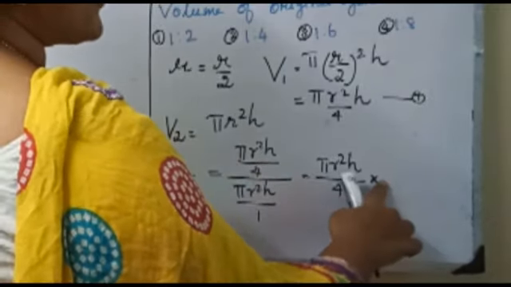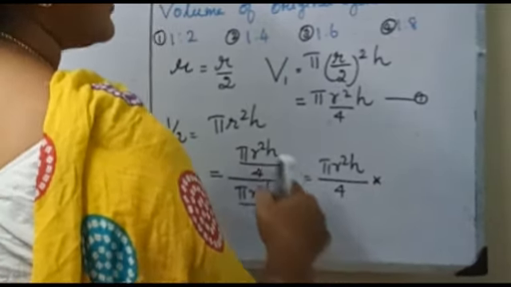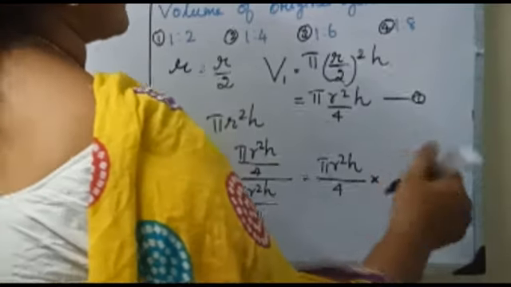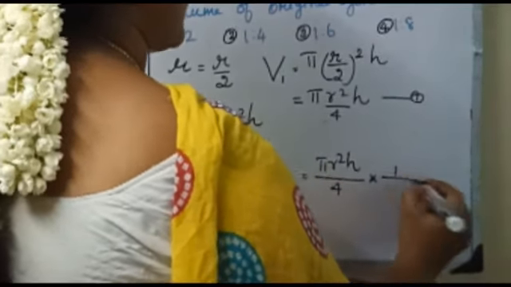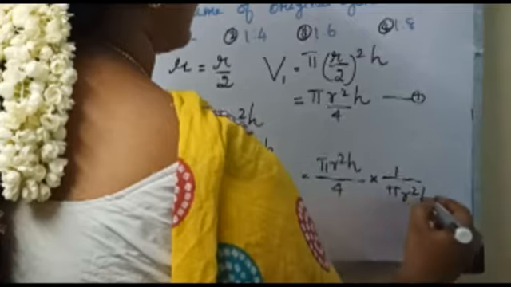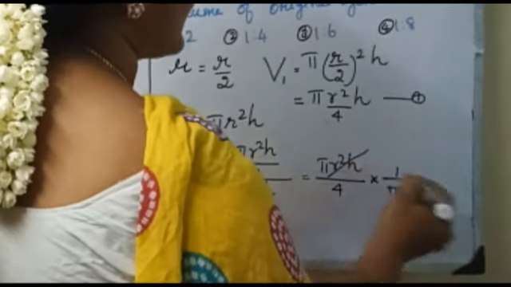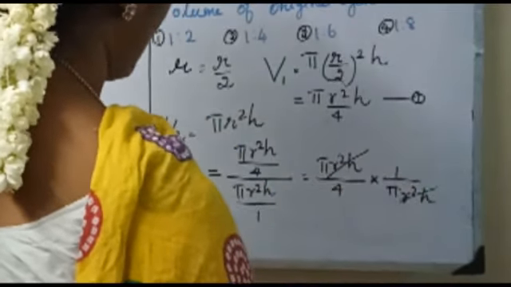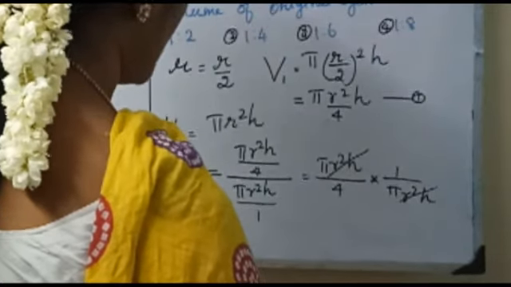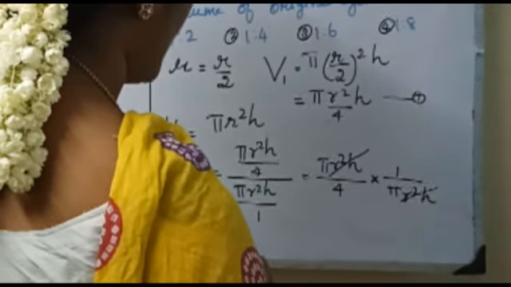So if you put multiplication here, now what happened? This denominator term will be reciprocated. So 1 divided by pi r square h. Okay. Now cancel pi r square h, pi r square h. That is V1 divided by V2 is equal to 1 divided by 4.